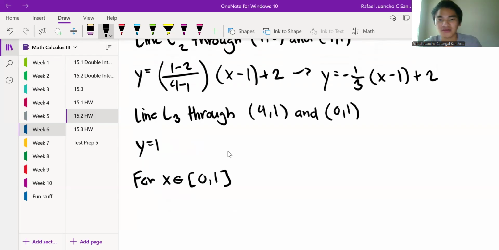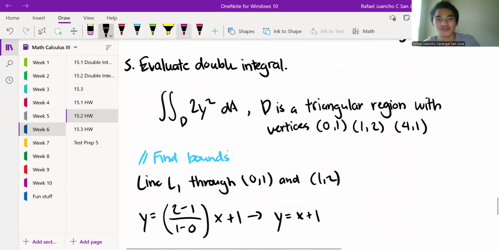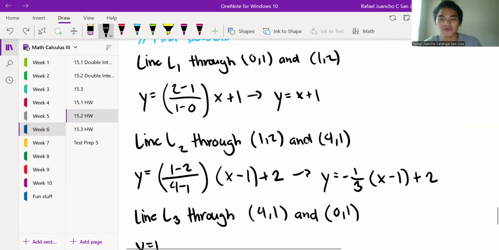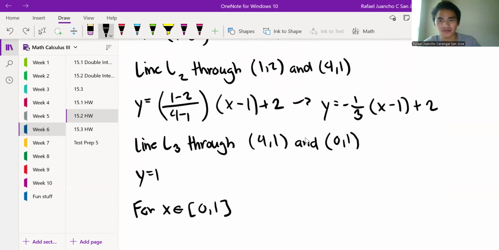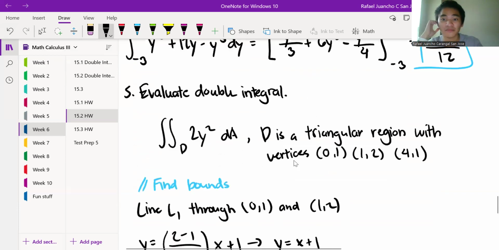Where did I get 0 to 1? These two. That's y equals x plus 1, right? So bottom would be y equals 1. Top would be x plus 1. That's the top, right?